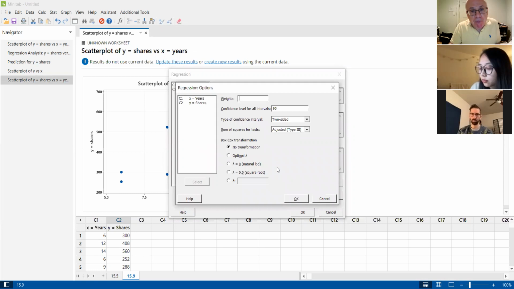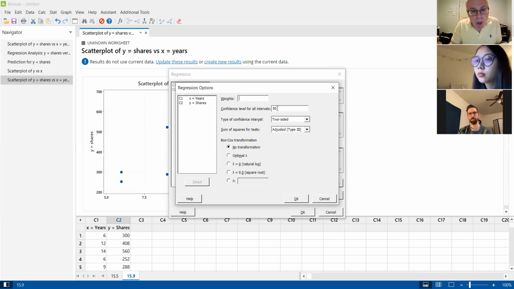Options. Now, if we wanted a 95% confidence interval, or let's say a 99% confidence interval, we could put it in here. There's another place you could put it also.